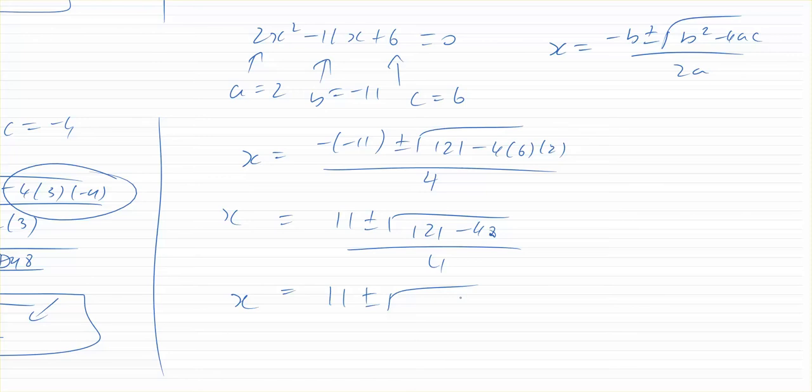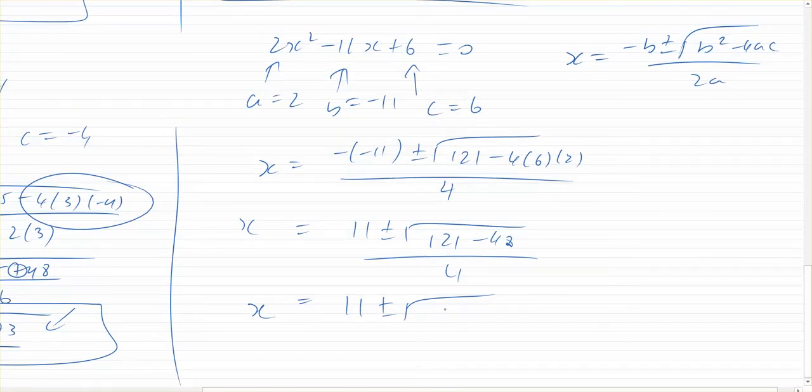121 minus 40 is 81. 81 minus another 8 is 73, over 4.